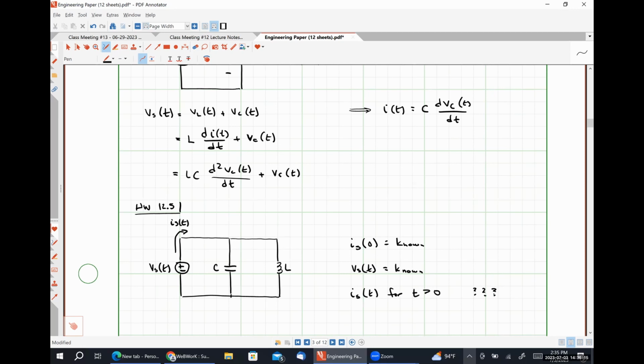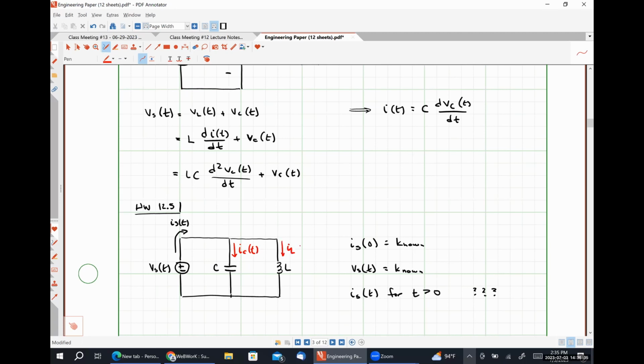So because this is a single node pair circuit where all of the elements are connected in parallel, I'm going to use Kirchhoff's current law as my starting point here. So I'm going to express my capacitor current IC of T as the current flowing down.